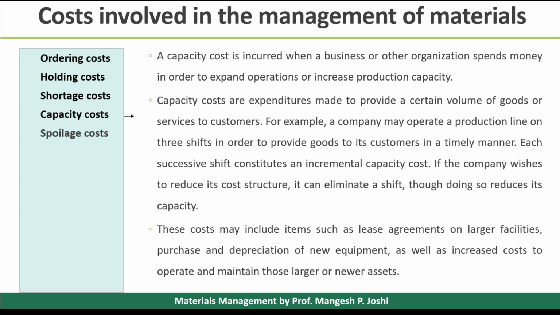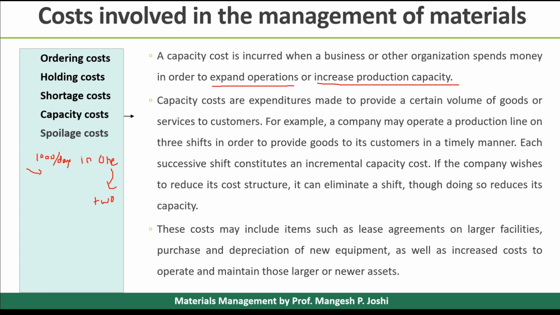The next type of cost is capacity costs. Capacity cost is incurred when a business or other organization spends money in order to expand operations or increase production capacity, right? For example, if you can produce with the existing facility only 1,000 units per day in one shift, and you want to increase the production capacity, you change this to two shifts.